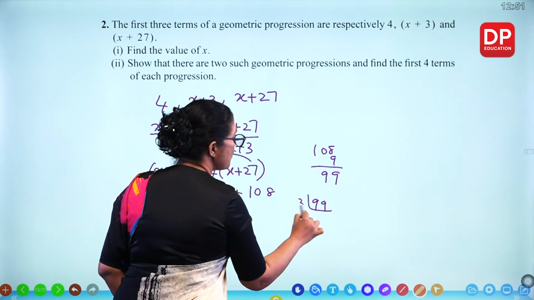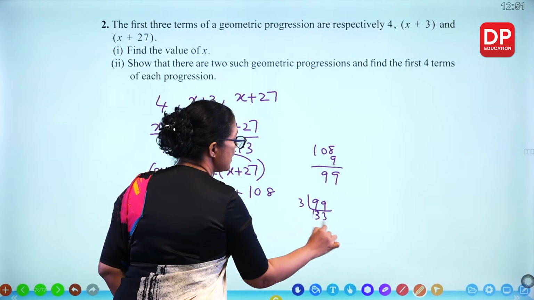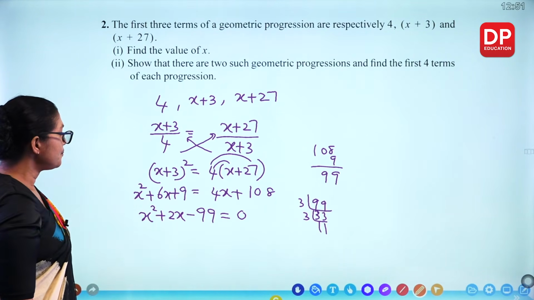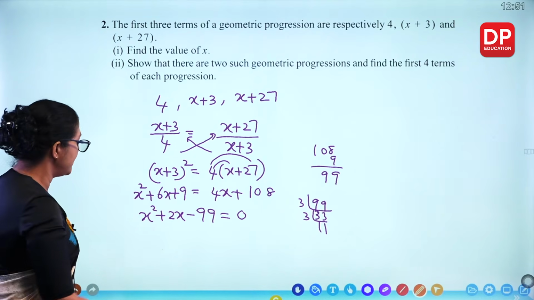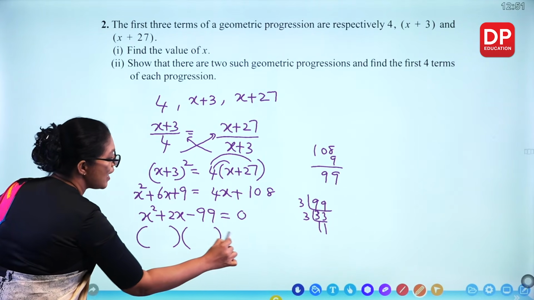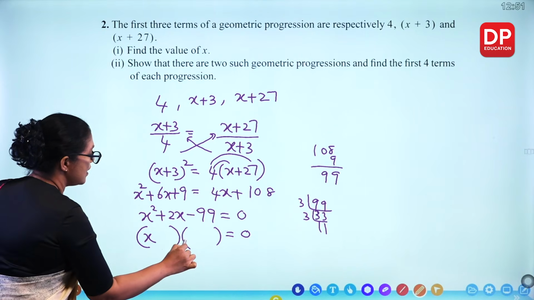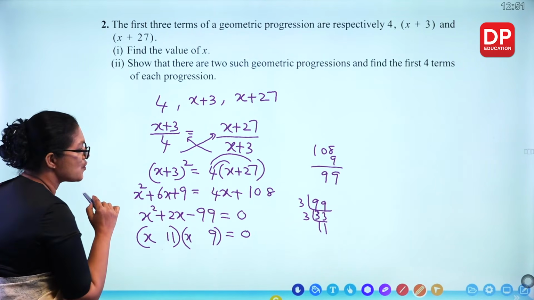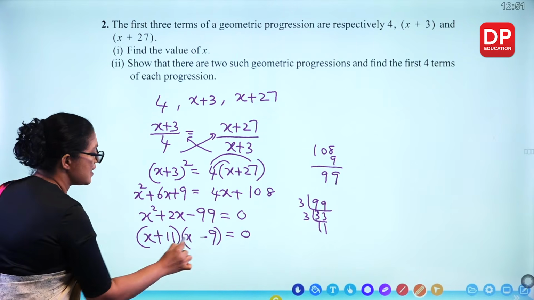When you divide 99 by 3, you get 33. Divide by 3, you get 11. So the factors you can write are 11 and 9. Plus 10 is there, that means the 11 is plus and the 9 is minus.